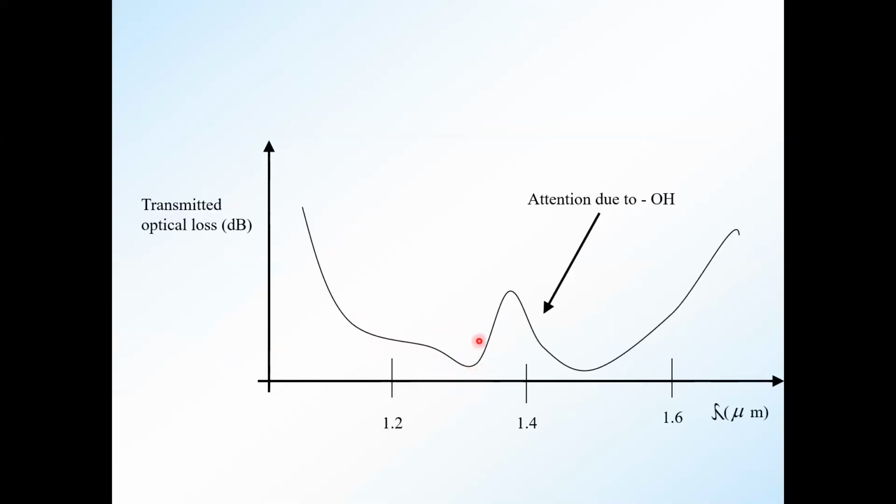This is an optical window which is used for communication, where you have minimum attenuation. Similarly, this window which you see as a minimum attenuation is around 1550, which is used for optical communication, and the first one, around 850, where you have minimum attenuation, is used only for your LAN network.